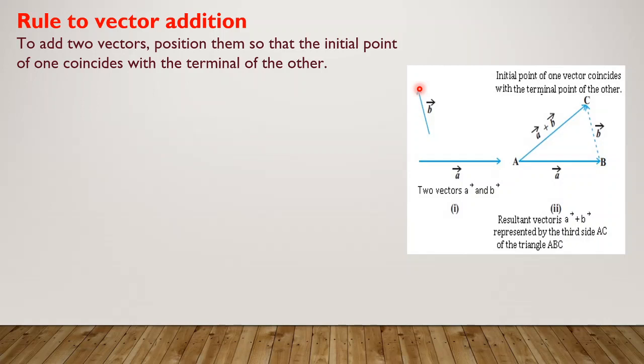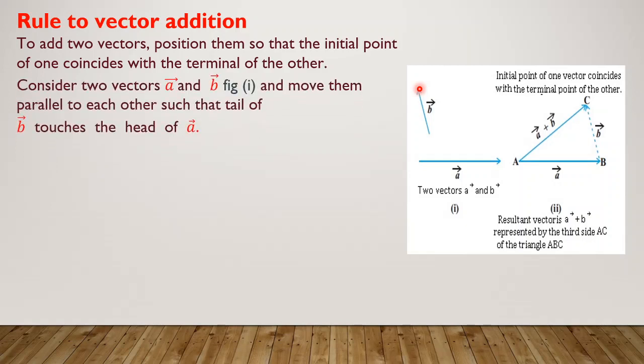That means if you add any two vectors, it is compulsory that the initial point of one vector coincides with the terminal point of another vector. Only then are you able to add two vectors.